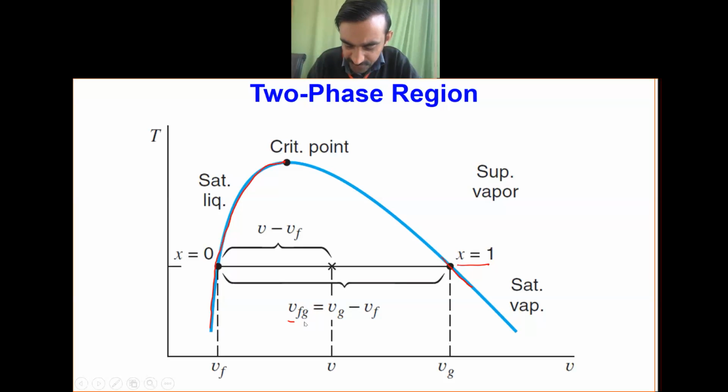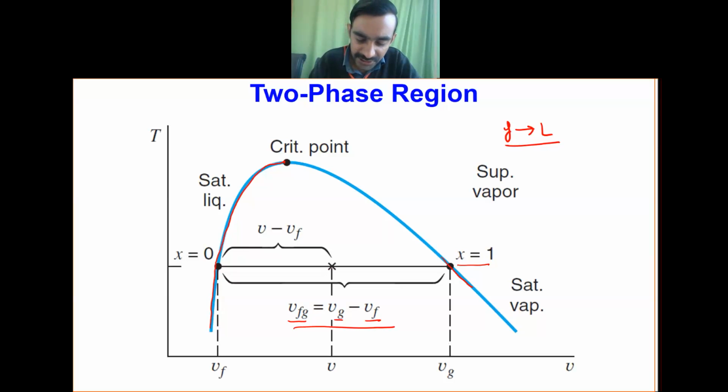Any property, if I write it as vfg, this particular book uses f instead of l. So this f symbol refers to the saturated liquid, the fluid part. So vfg is written as vg minus vf. You can clearly see this distance from here to here, that is our vg minus vf, and anything we write as v minus vf will be this particular portion.